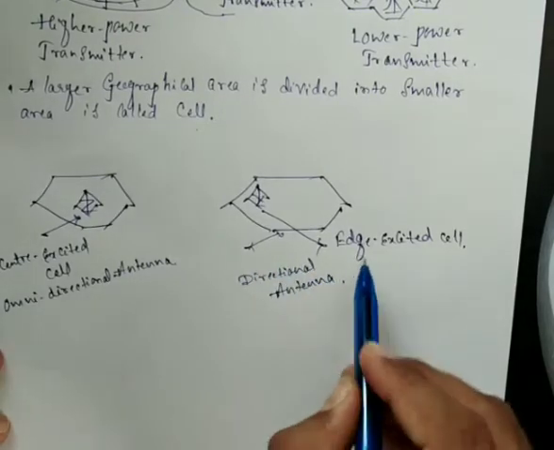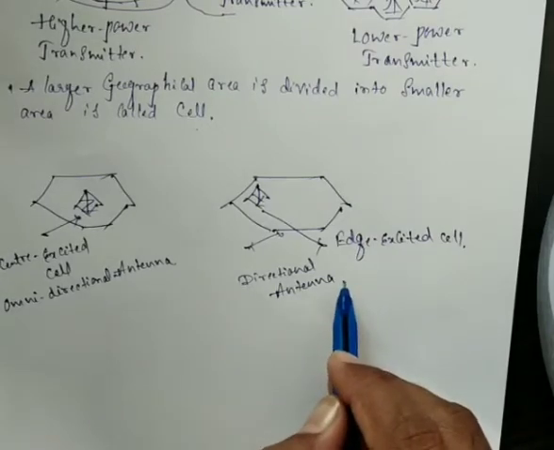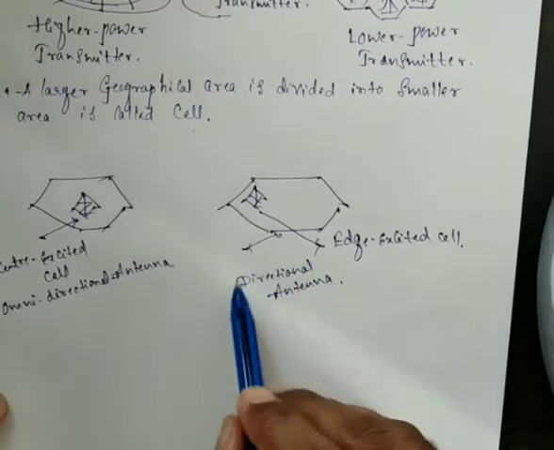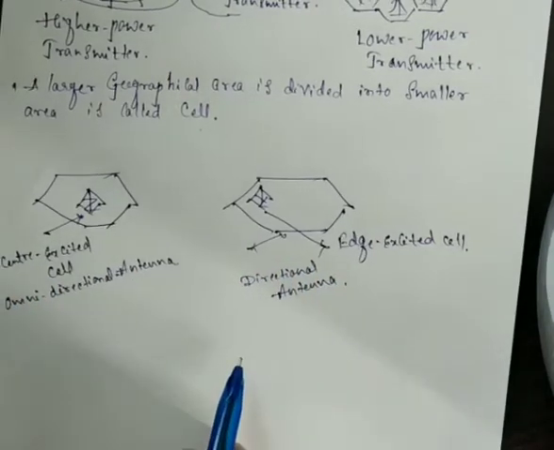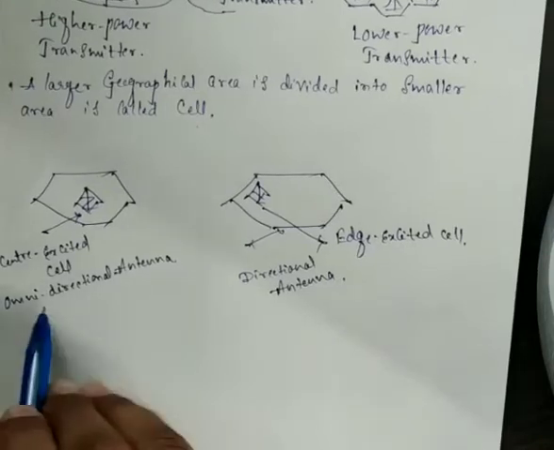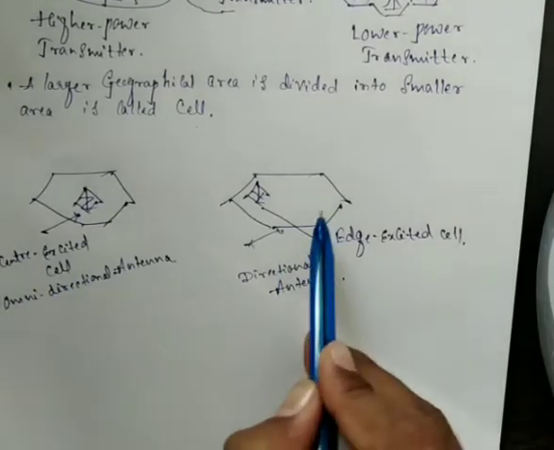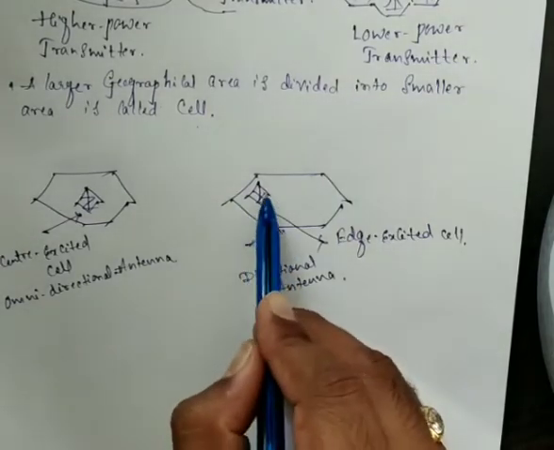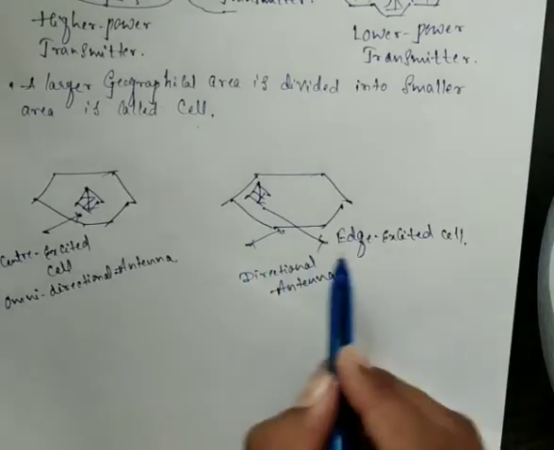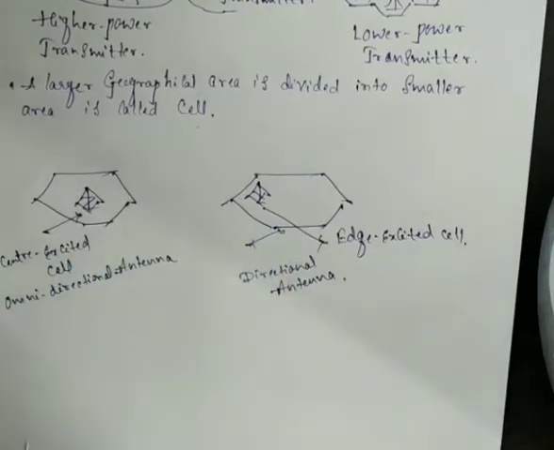Directional antennas work in directions of degrees, such as 30 degrees, 60 degrees, 120 degrees. The omnidirectional antenna radiates in all directions. Most of the time nowadays we use the edge excited cell. Those are the two concepts, center and edge excited cell.